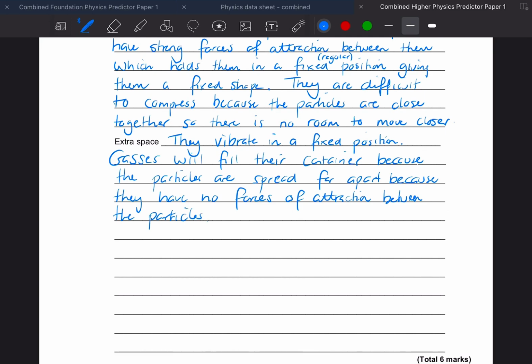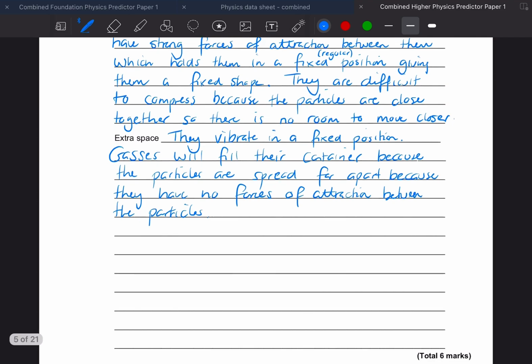Okay, so gases will fill their container because the particles are spread far apart, because they have no force of attraction. That doesn't really explain why they're filling it.